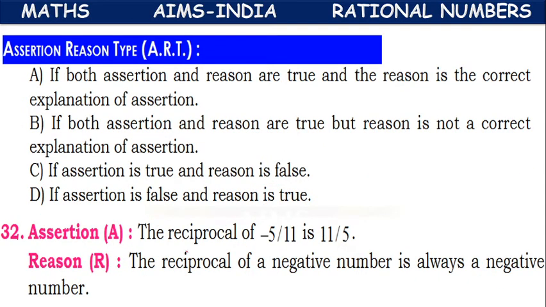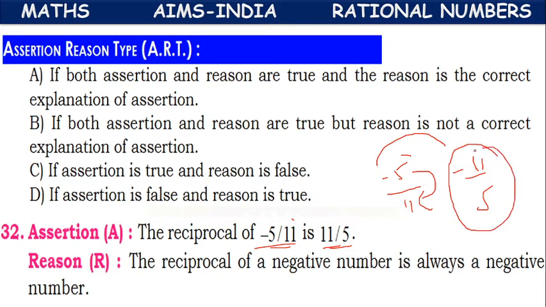Next. The reciprocal of -5 by 11 is 11 by 5. They are telling 11 by 5. Already we have discussed: in a reciprocal, only the numerator and denominator exchange. The sign will be the same. So actually the answer should be -11 by 5, but they have given 11 by 5.